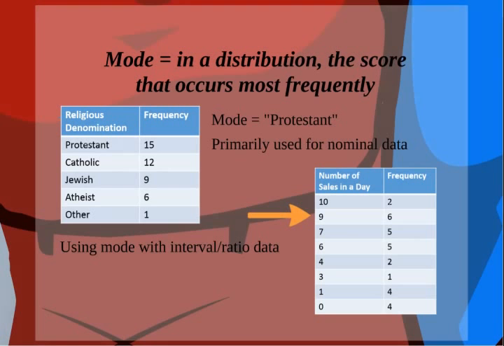This doesn't necessarily tell us central tendency, because central tendency, or something like the average, would be something different. So mode is something very particular here: it identifies the most frequently occurring score.